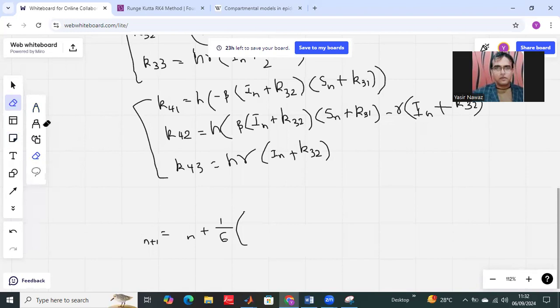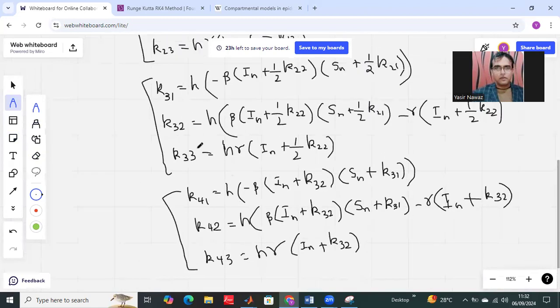For the first equation, I will write Sn plus 1 over 6 of this Sn, and that would be the K11 for susceptible, plus 2. The next one is K. No, look at it.